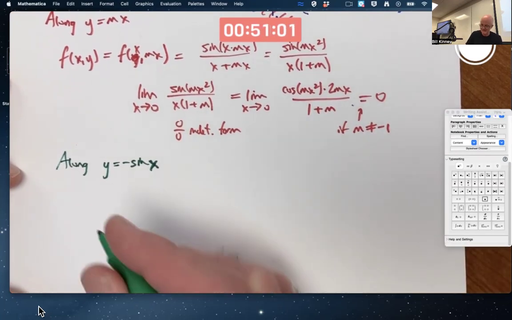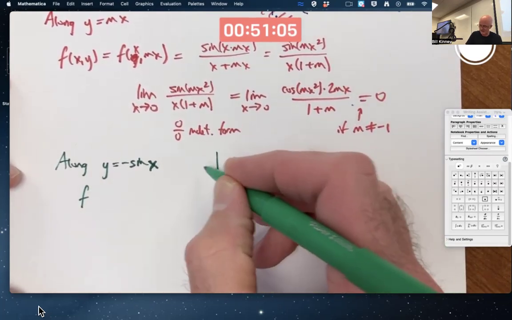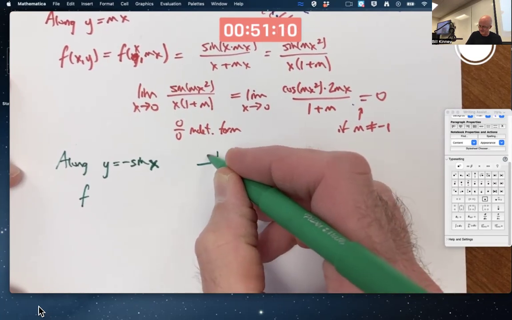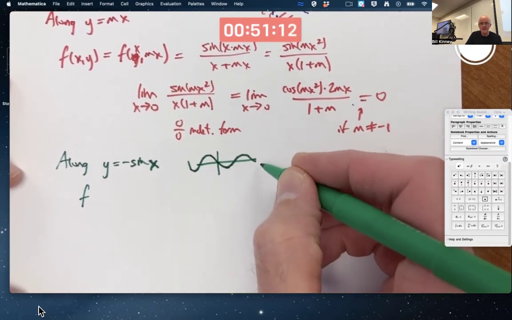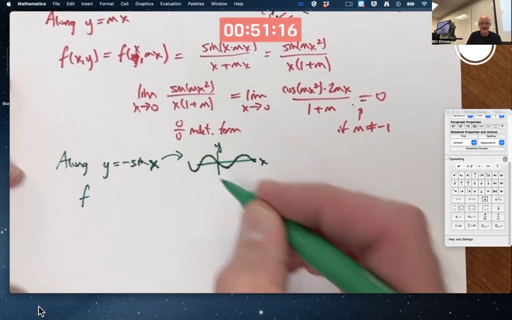Really? Well, what does the function equal along that curve y equals negative sine x, which, by the way, if you graph it, will look like this. In the xy plane, that's the curve y equals negative sine x.